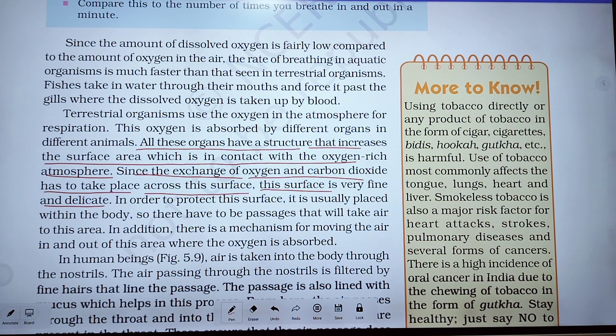Delicate means it is easy to damage or break.